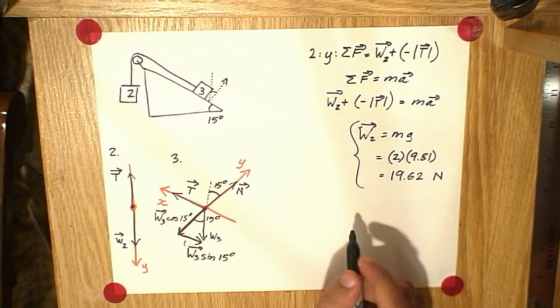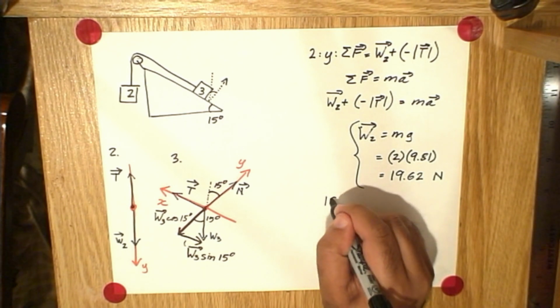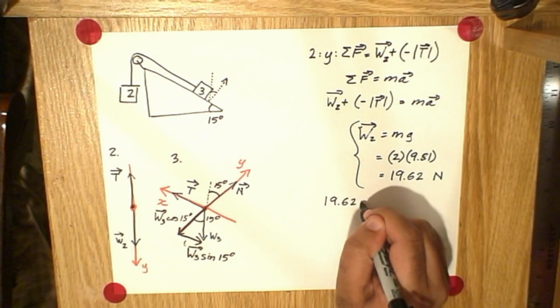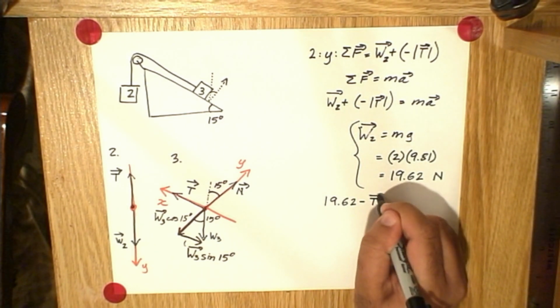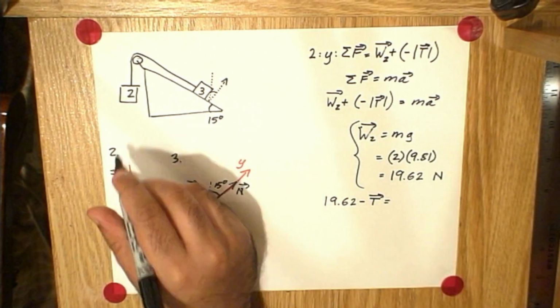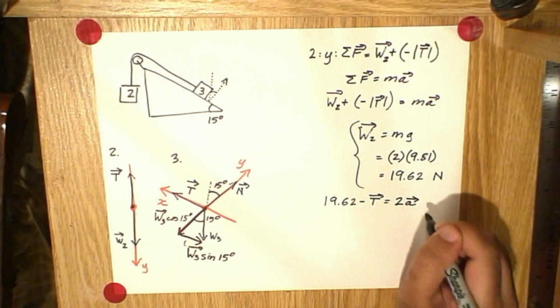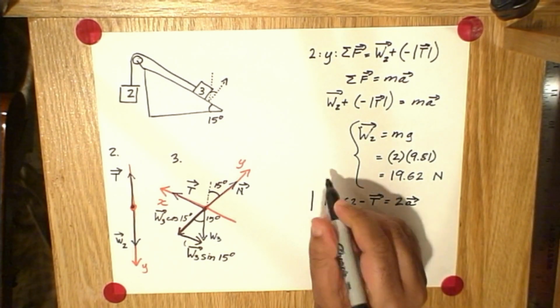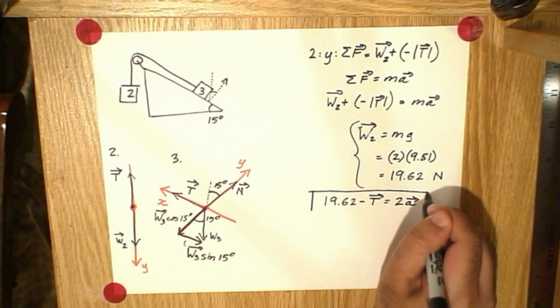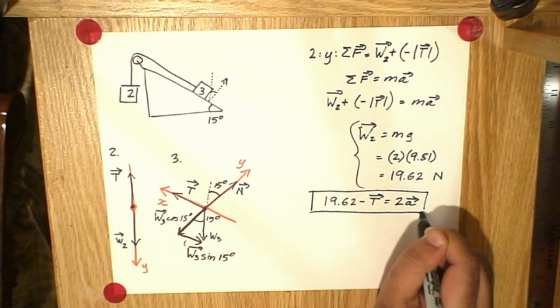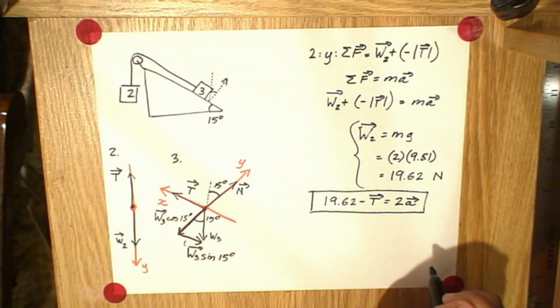So plugging in everything we know, we get 19.62 newtons minus however big the tension is equal to the mass of this object, 2, times the acceleration, which is unknown. So this is the first relationship that we have between the tension and the acceleration.